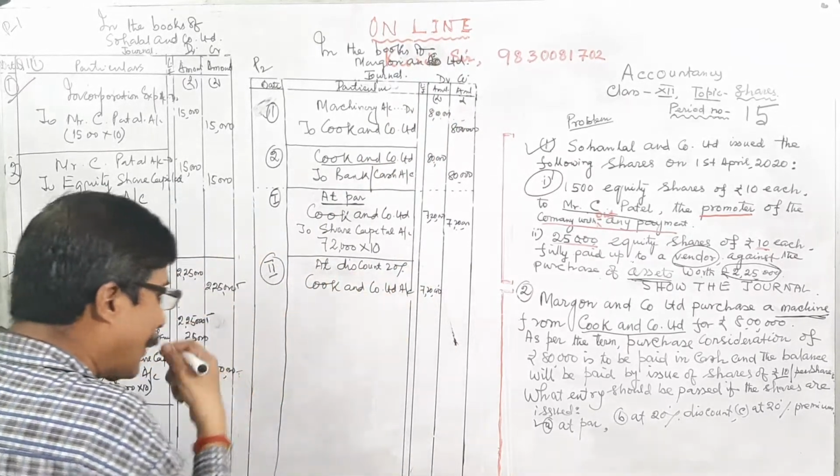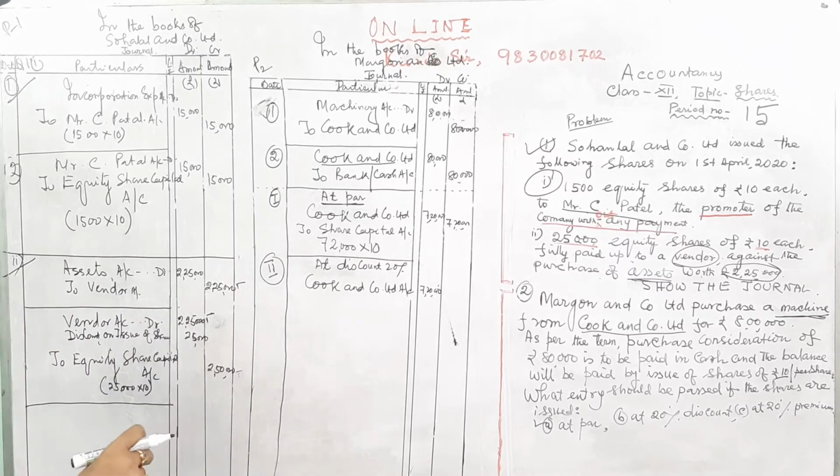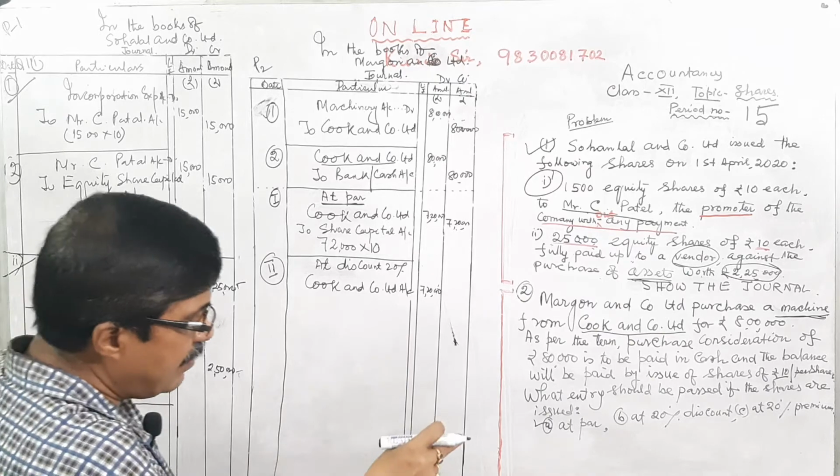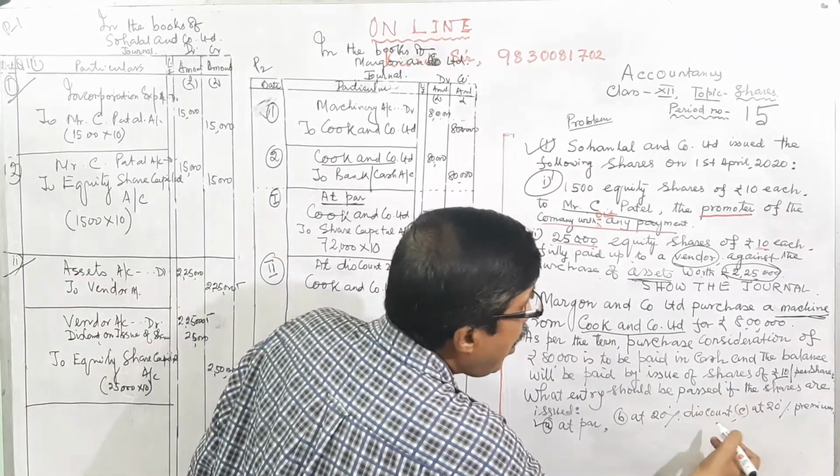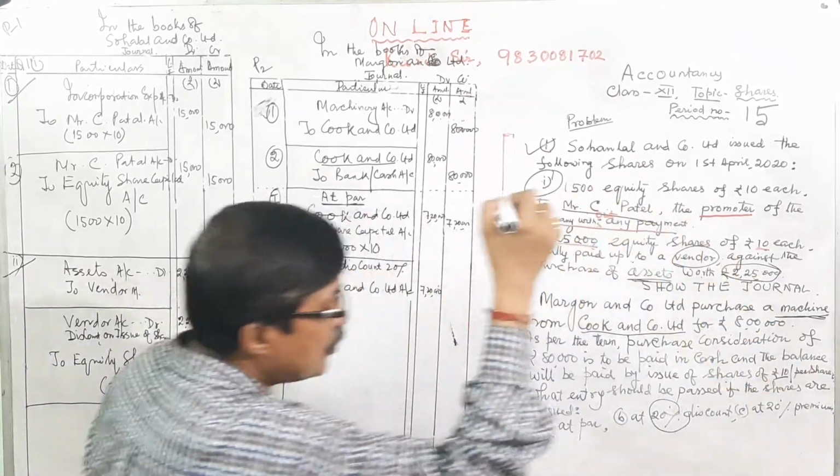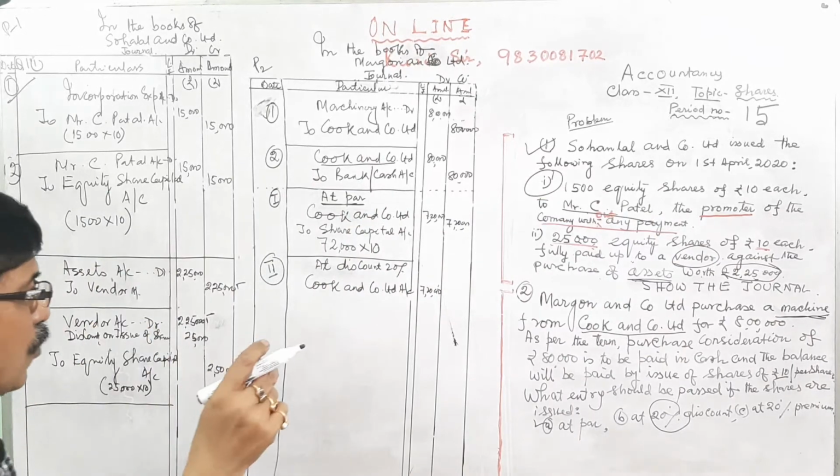But for 7,20,000, the company is issuing shares of rupees 10 at a discount of 20%.